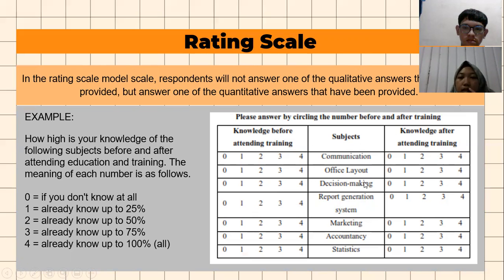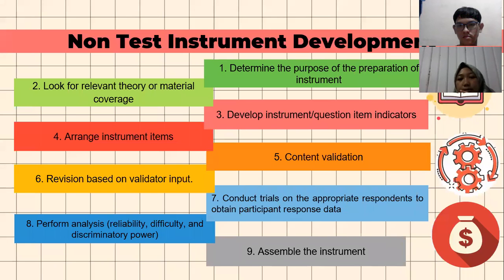And then for the knowledge after attending training, you can checklist or choose 0 or 1 or 2 or 3 or 4. And there are others: office layout, decision making, and so on. Next.